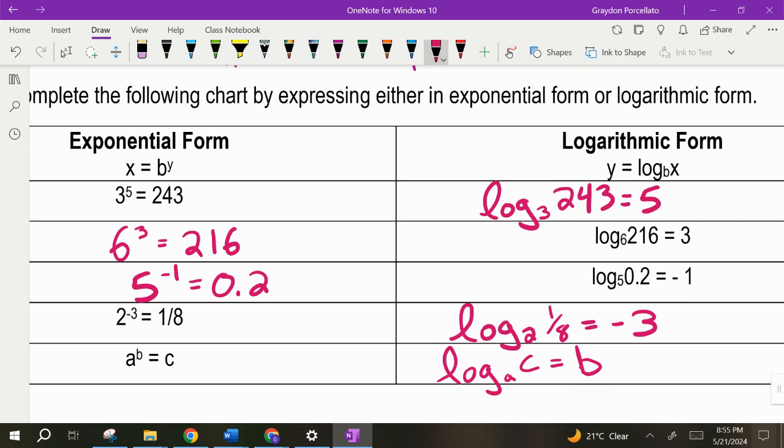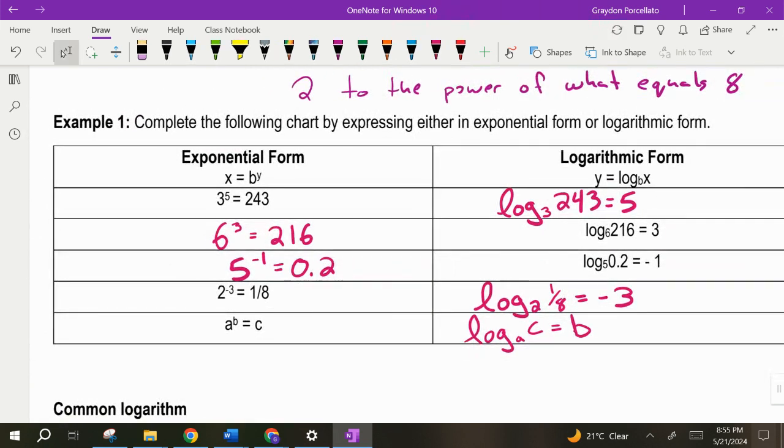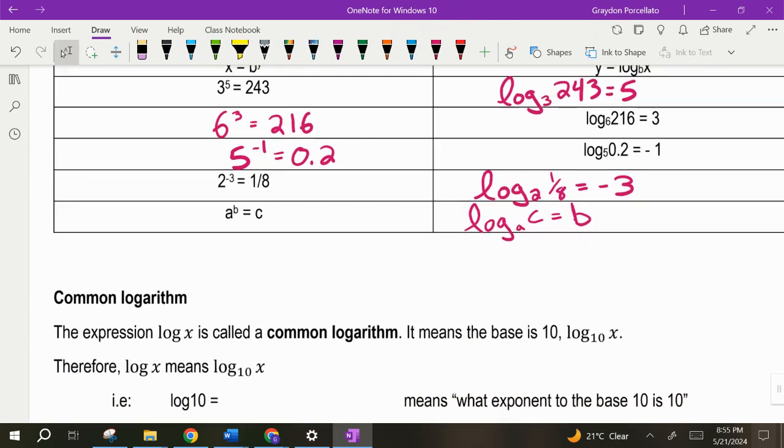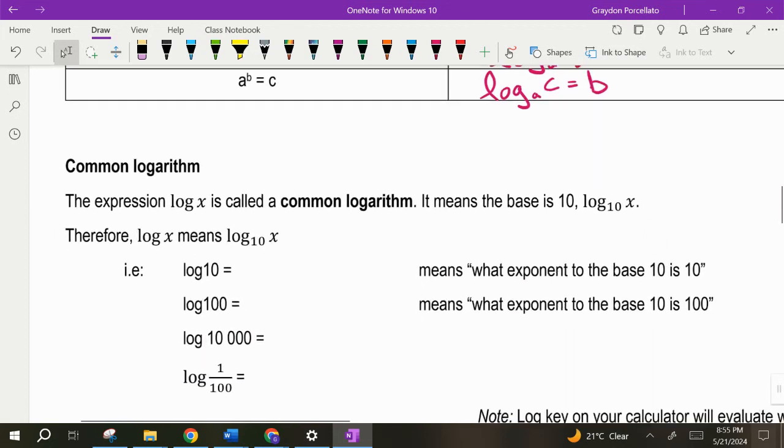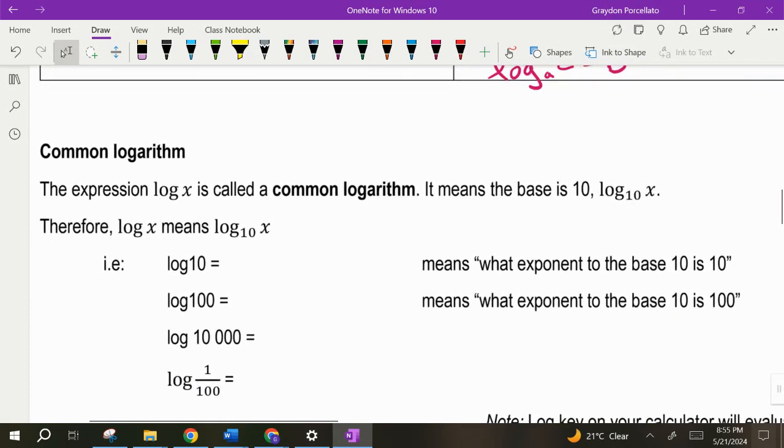A to the power of b equals c. Okay? So that's kind of just changing form. Now, here we have the common logarithm, and then we'll get into some more examples. The expression log x is called a common logarithm. It means the base is 10.